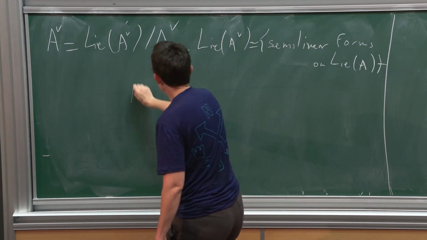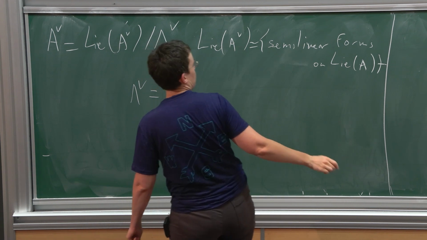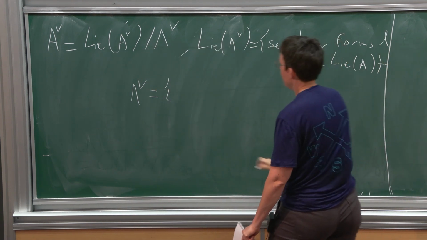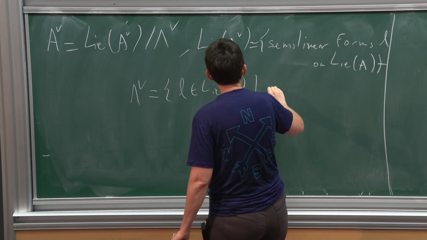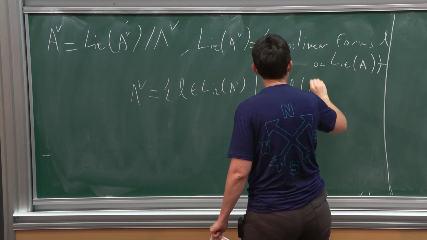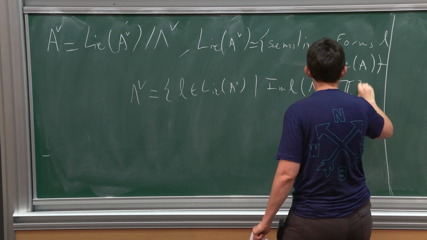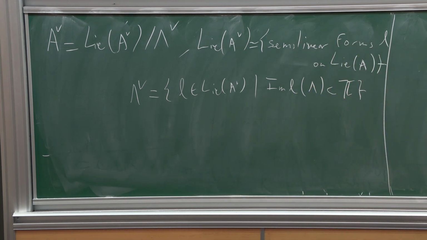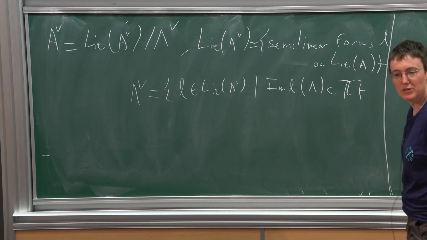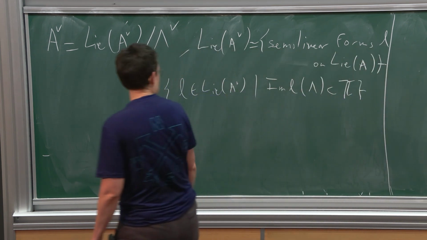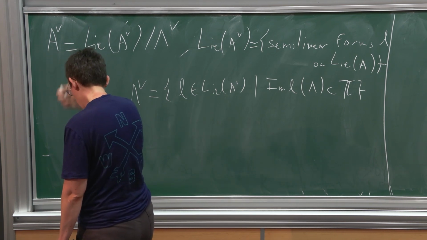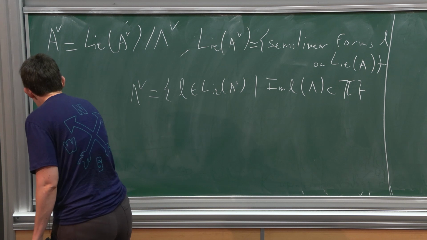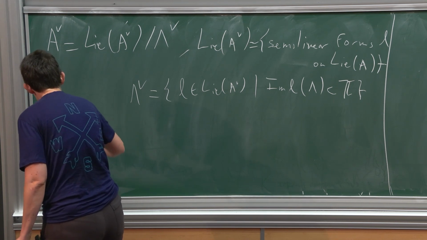With that identification, Lambda dual is the set of forms L such that the imaginary part of L takes integer values on Lambda. All that you can find in Mumford's book, with precise references in the notes. And then, a polarization.